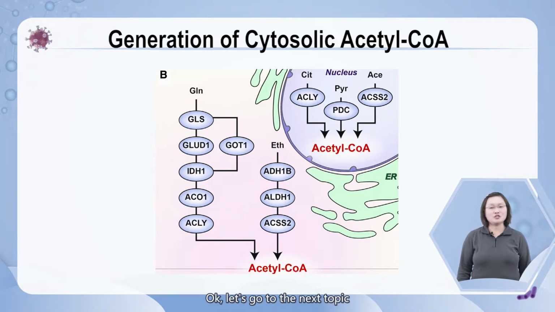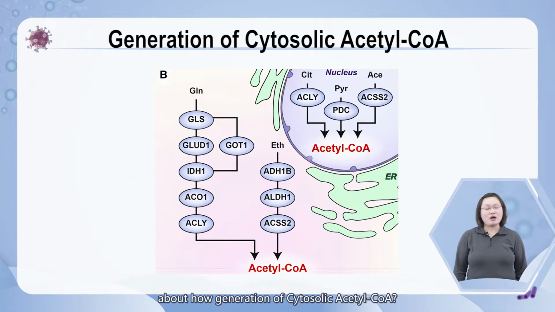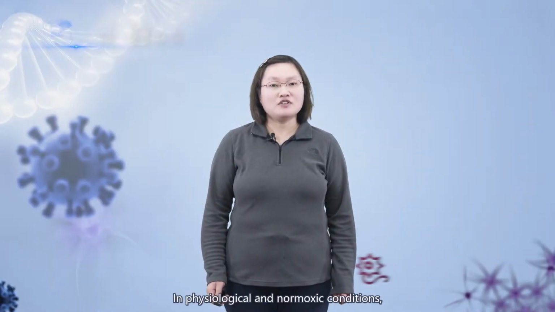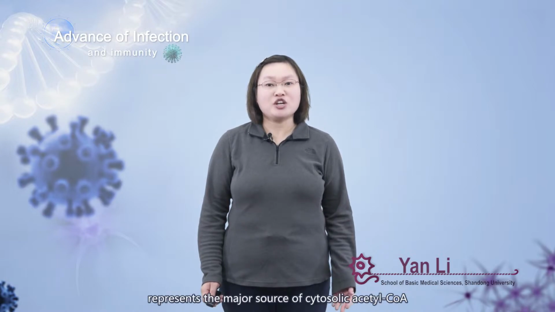Okay, let's go to the next topic: the generation of cytosolic acetyl CoA. In physiological and normoxic conditions, glycolysis or beta-oxidation-derived mitochondrial acetyl CoA represents the major source of cytosolic acetyl CoA upon transport.